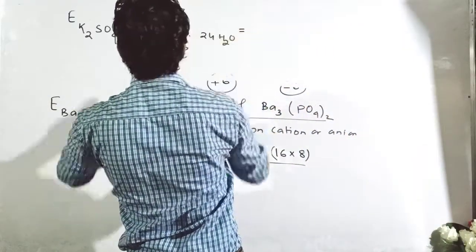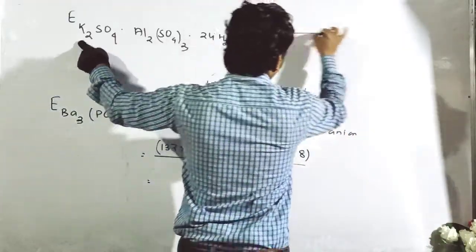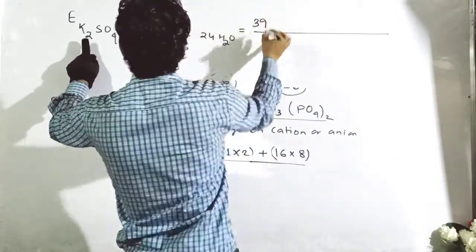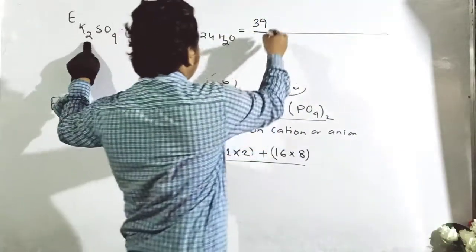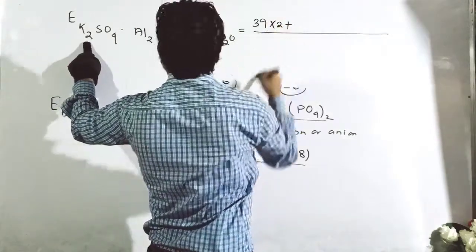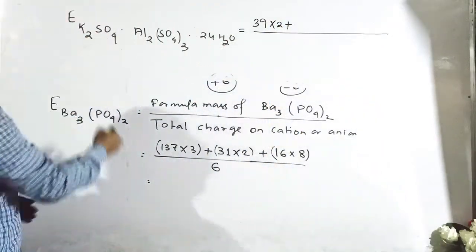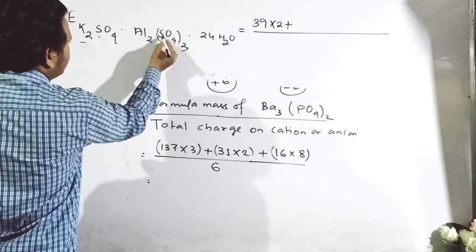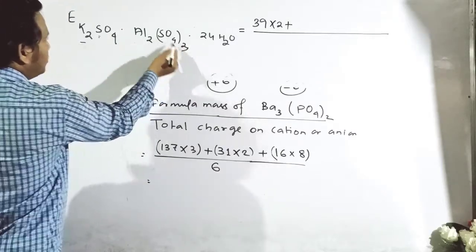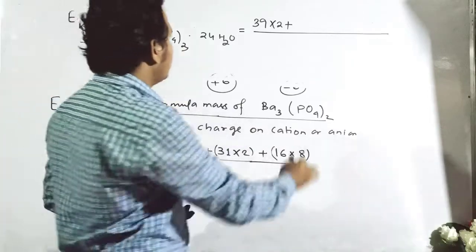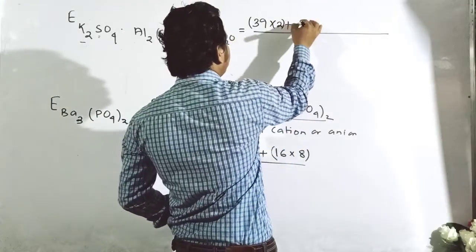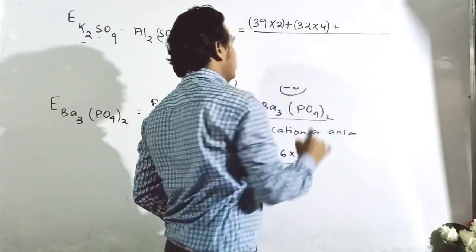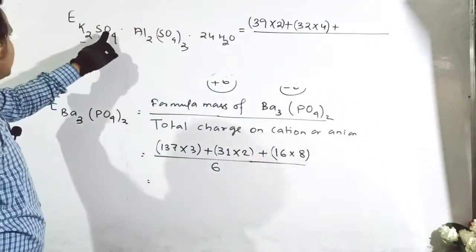Write it. First, potassium. What is the mass of potassium? 39. How many times? 2 times, so 39 into 2, plus sulfur. How many times? 1, and here sulfur is 3 times. So 1 and 3, 4. What is the mass of sulfur? Sulfur has the mass 32. 4 times is there. Next, oxygen.